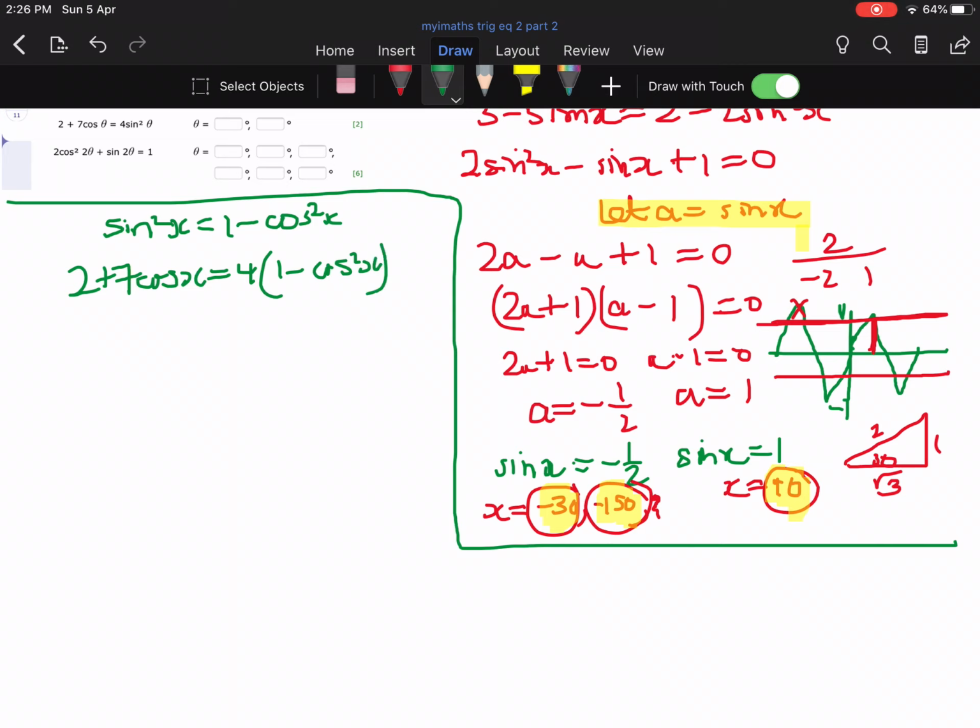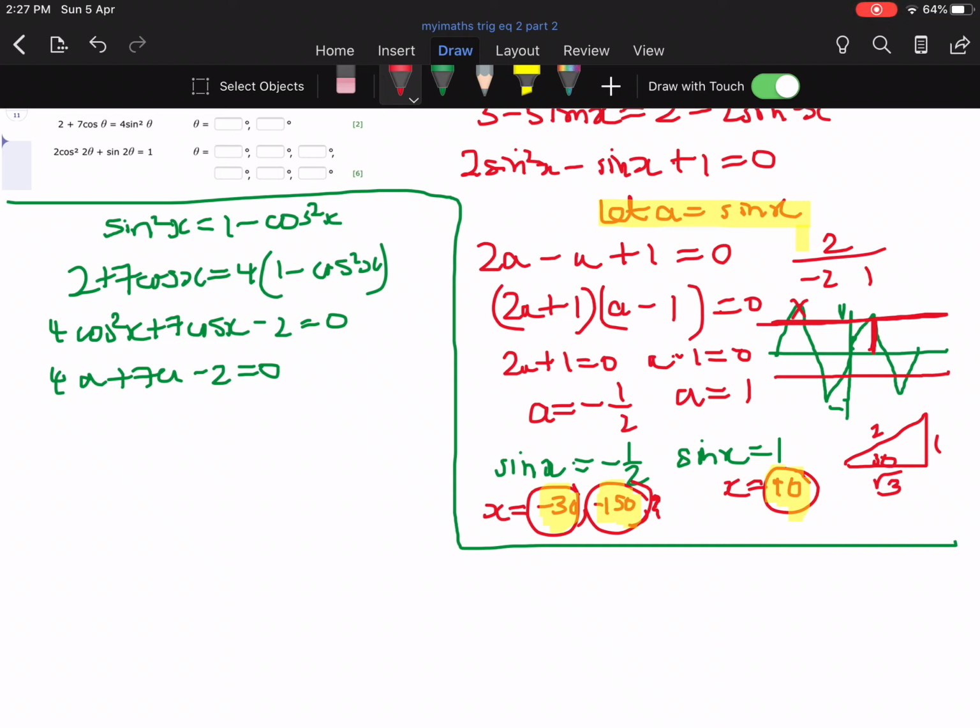So I'm going to get a quadratic again. I'm going to bring it all to one side, and because I'm running out of space, I'm going to skip a step. So I should have 4 cos squared x on this side plus 7 cos x here, and then I've got 2 and minus 4 is going to give me minus 2 equals 0. So I'm going to let a equal cos x, so I'm going to end up with 4a squared plus 7a minus 2 equals 0.